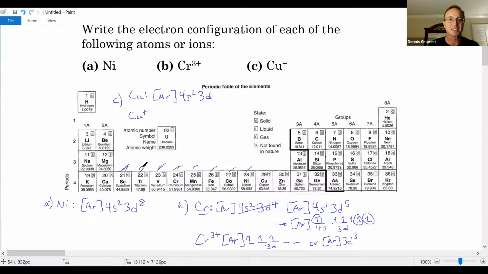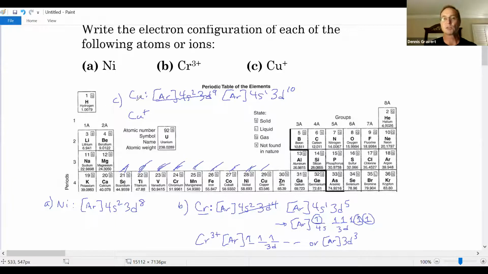It's 1 electron, 2, 3, 4, 5, 6, 7, 8, 9. It should be 4s2 3d9. Wait, there's only 1 more electron necessary to fill the d block, and that's what nature says. Yeah, let's go ahead and do that. Leaves 1 electron in the 4s, and the d block gets filled up.